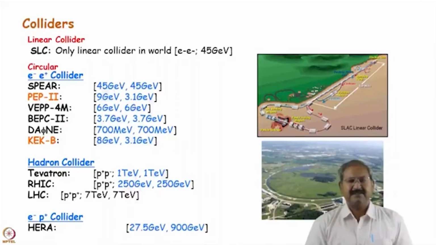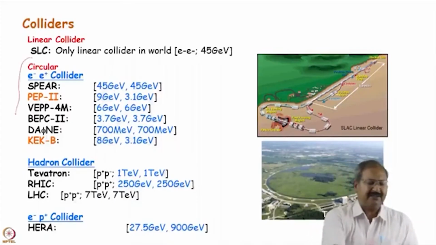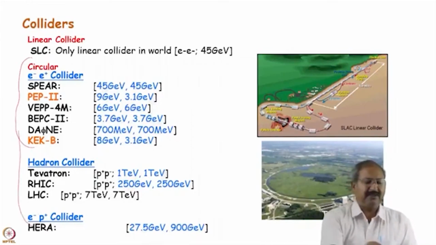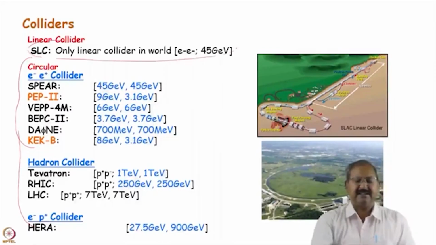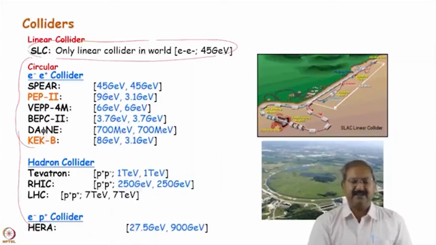So these are some of the list of colliders in the world. Mostly there are circular colliders. You can see this list is circular. Only one collider, SLC, is a linear accelerator based collider. Now we have studied in the synchrotron radiation chapter that when an electron is subjected to some acceleration, it radiates. So pushing electrons to very high energy in a circular accelerator is not possible.